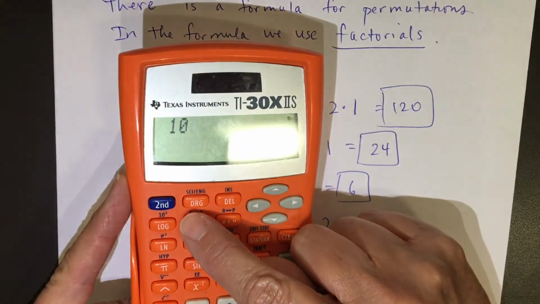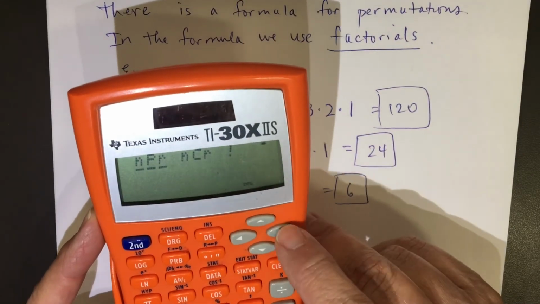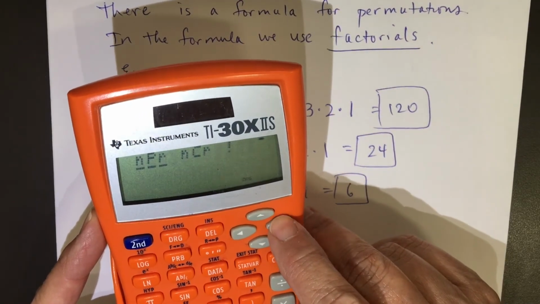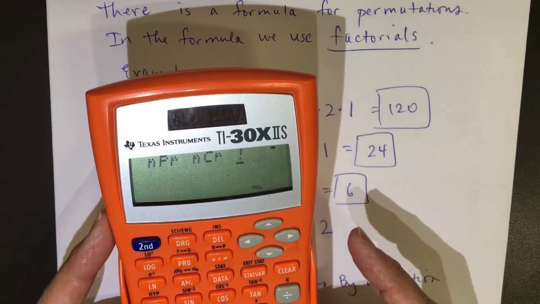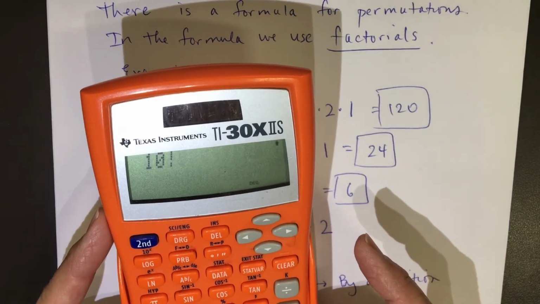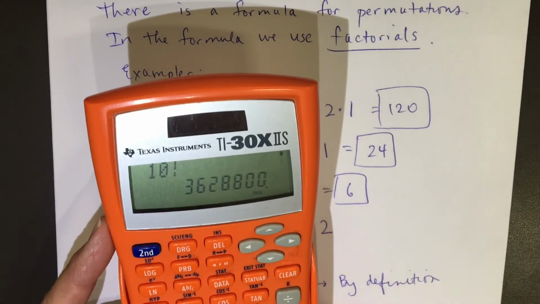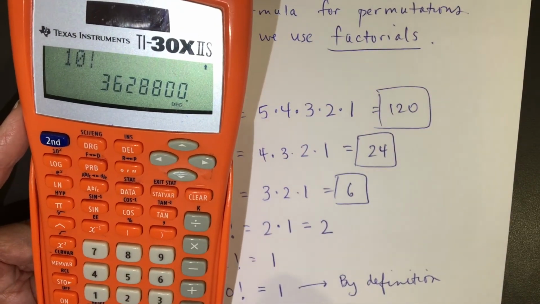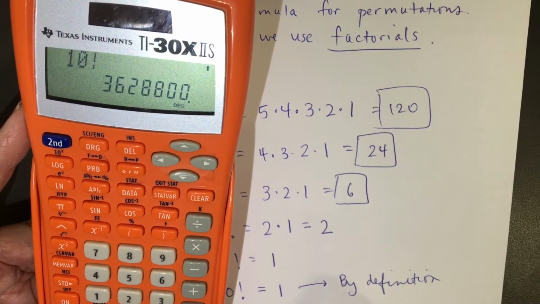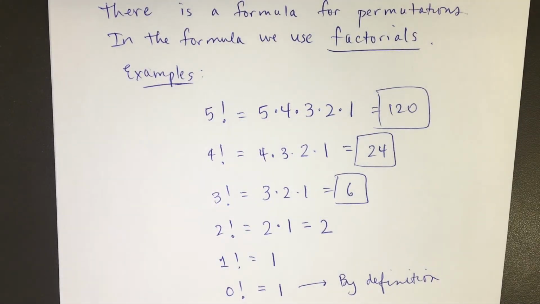Brings up the probability menu. And I'll use the arrow keys to underline factorial. Press equals. And then press equals again. And there's 10 factorial. So your calculator can help you out with a lot of these problems. 3,628,800 is 10 factorial.